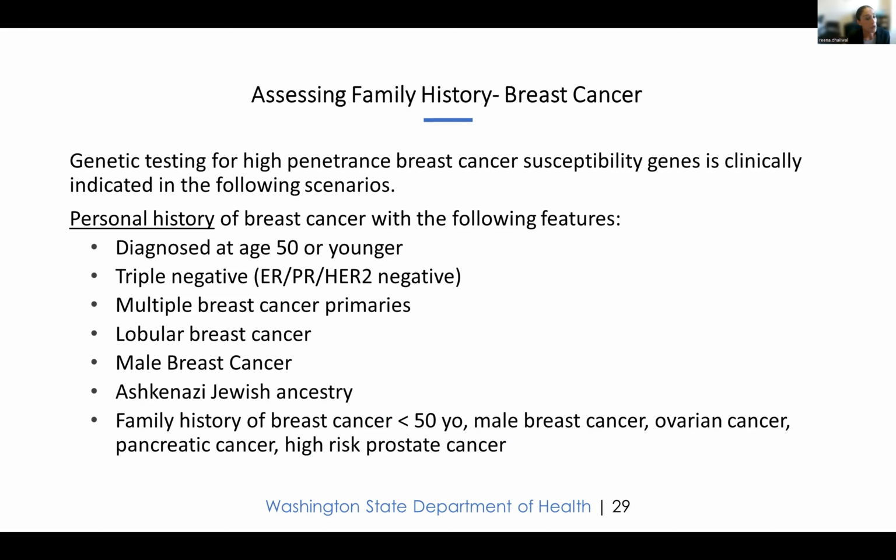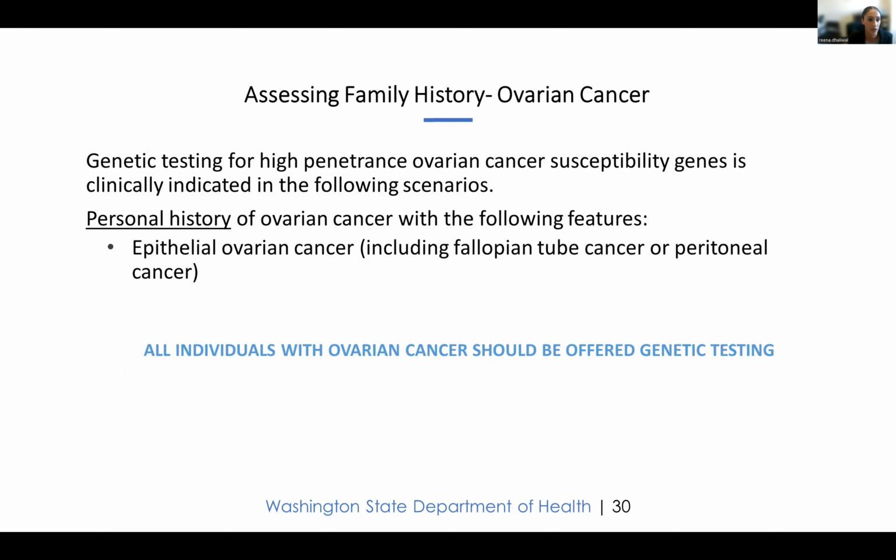Someone has multiple breast cancer primaries regardless of the age, specifically lobular breast cancer versus like ductal. Male breast cancers, Ashkenazi Jewish ancestry, or if someone has a personal history of breast cancer, and then kind of red flags for things like family history of breast cancer below the age of 50, male breast cancers, relatives with ovarian cancer, pancreatic cancer, or high-risk prostate cancers.